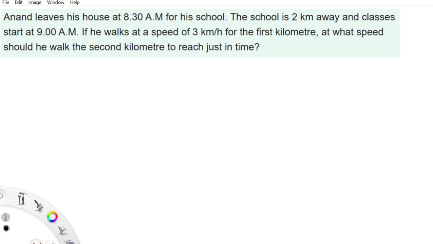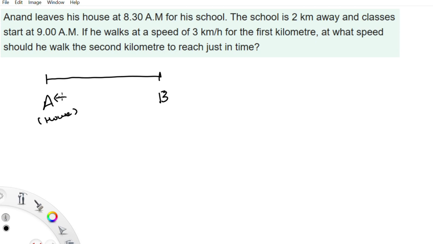So for these kind of questions, what we can do is we can draw a diagram. So let's say this is point A from where Anand starts, right? Let this be his house. And this is some point B where he walks at a speed of 3 kilometers per hour for this first kilometer.